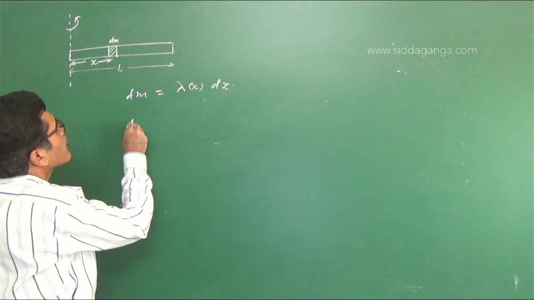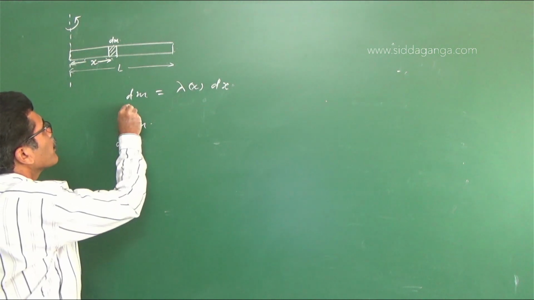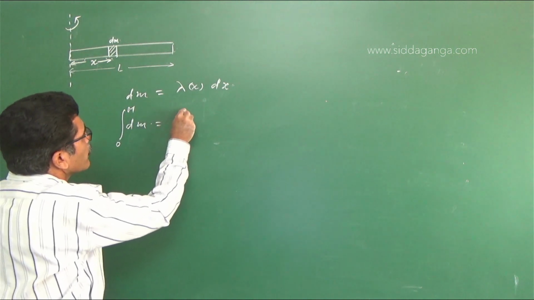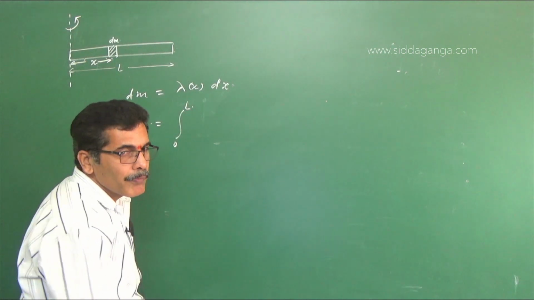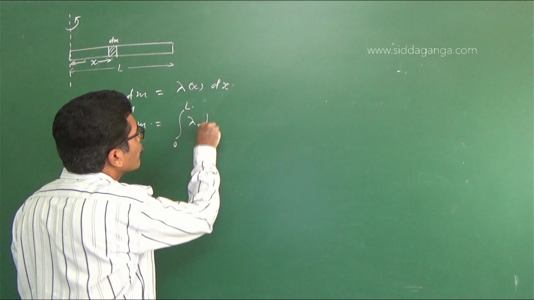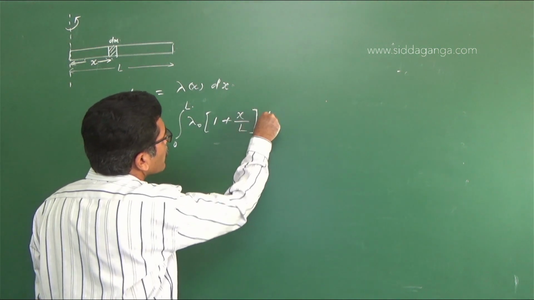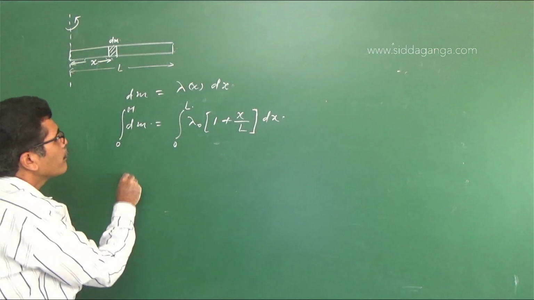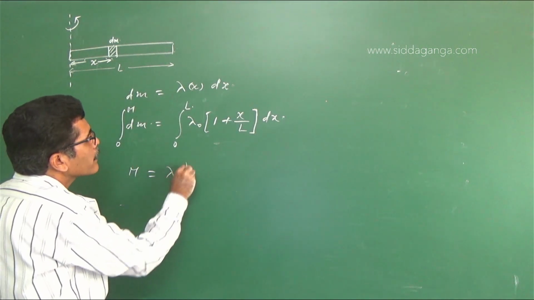If you want to know the total mass, integral of 0 to m of dm is equal to integral from 0 to L of lambda x, which is lambda naught into 1 plus x by L, into dx. Now you please integrate this. You will be getting the total mass m, lambda naught is constant.